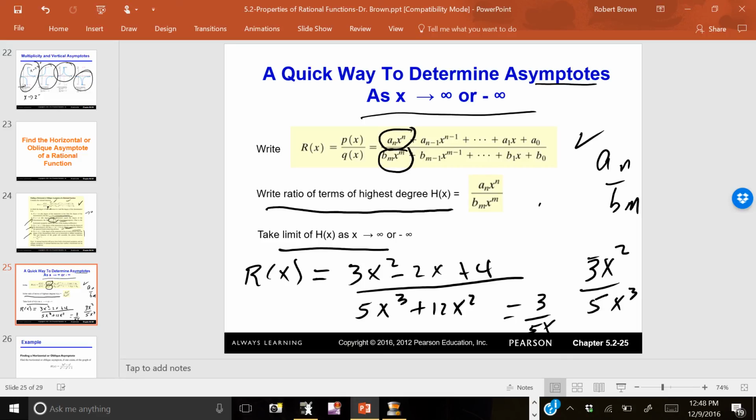Now, as x goes to infinity, r goes to 0, because you take any number 3 and divide by a large number, 5x, it will always go to 0.